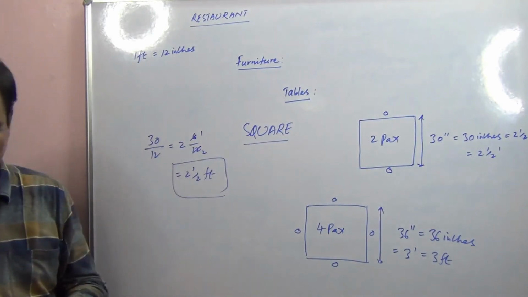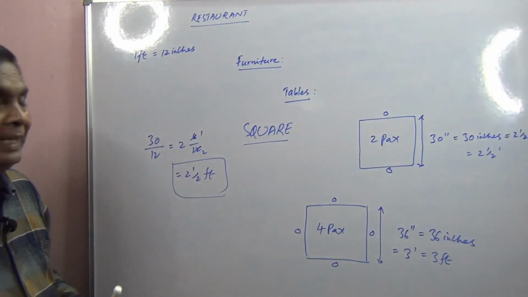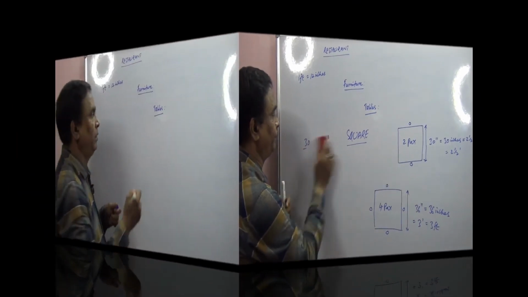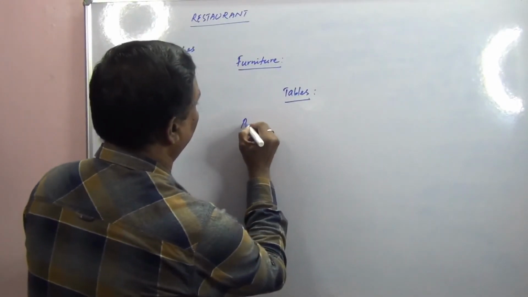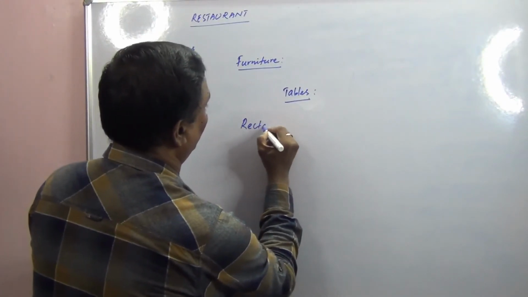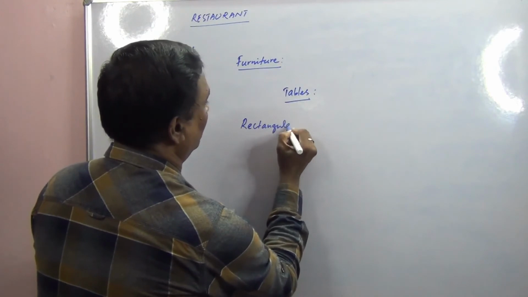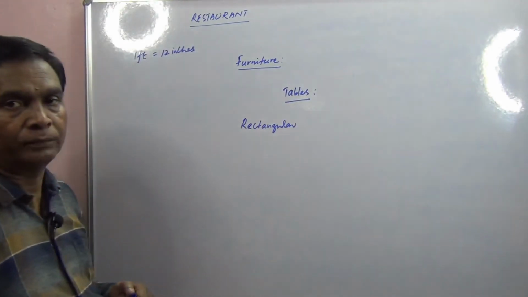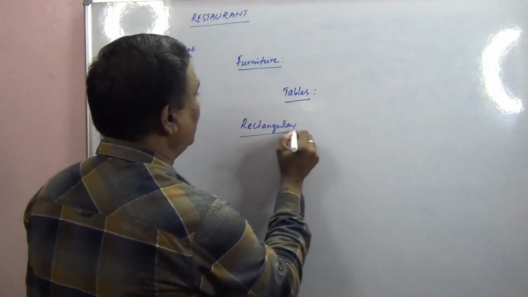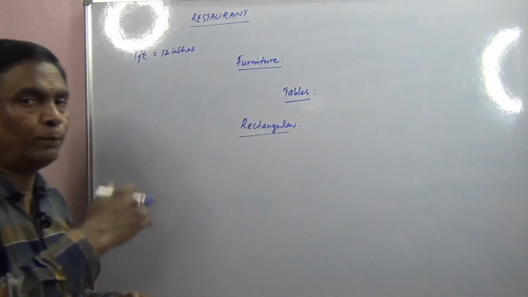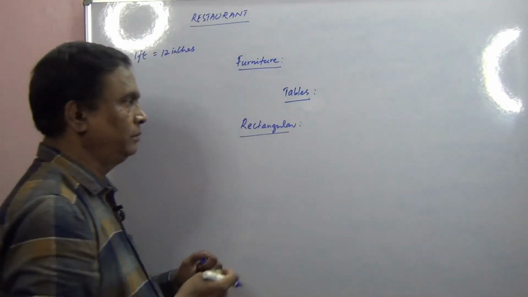Now we move on to the next type of table, rectangular. Rectangular means what? Opposite sides are equal.